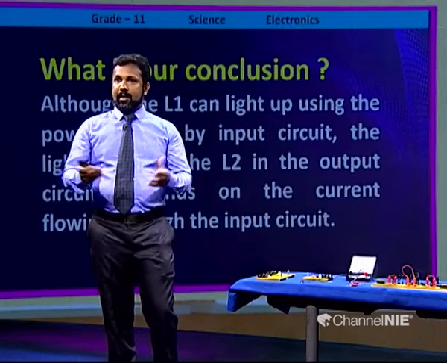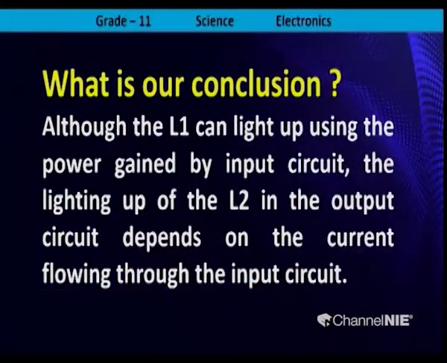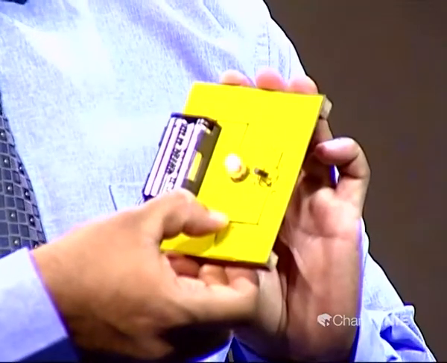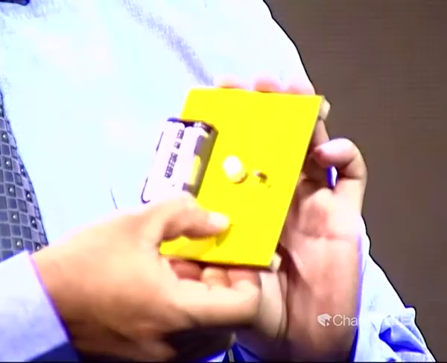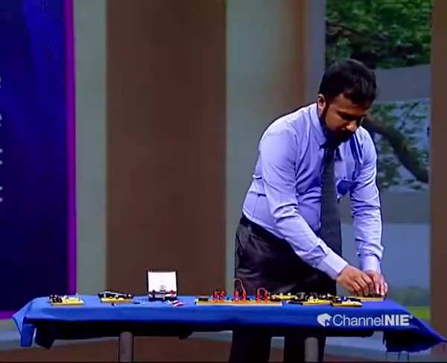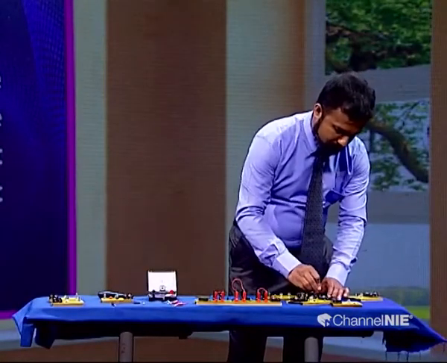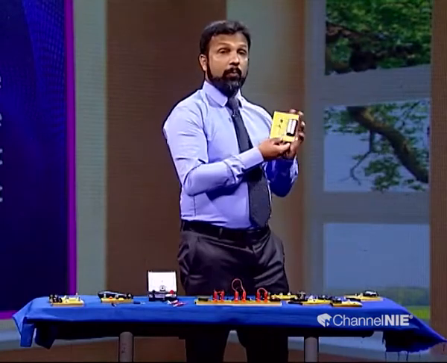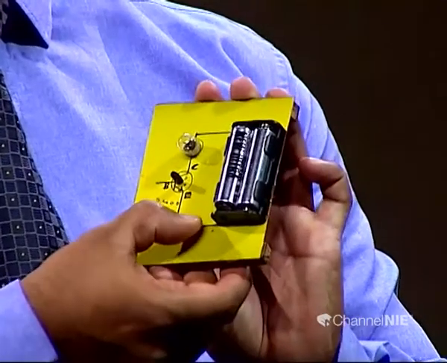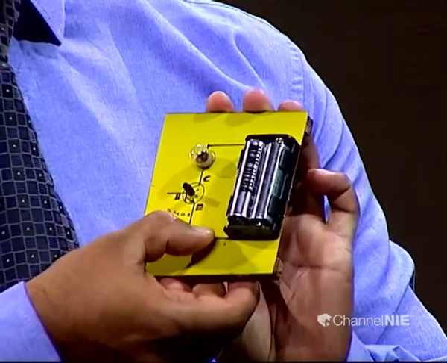Before arriving at the conclusion, let's do a simple activity to study the things that we learn in a practical manner. Right. This is the input circuit. Switch on, L1 bulb, close. This is the output circuit. Switch on, nothing happens.